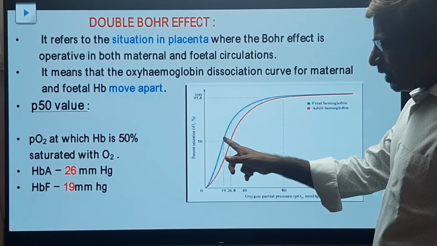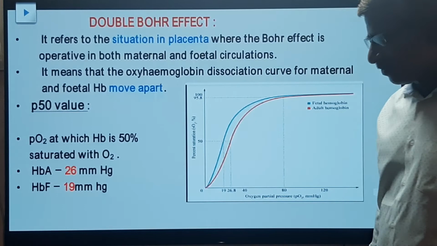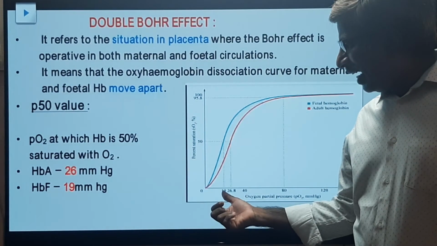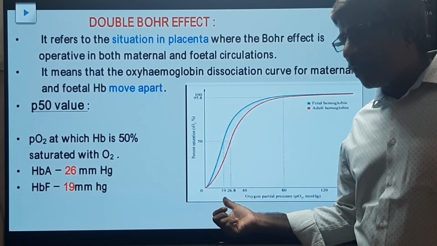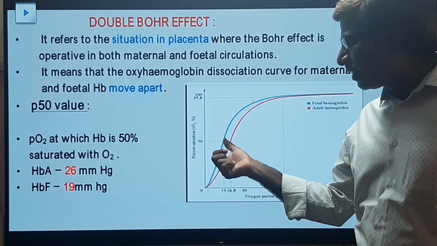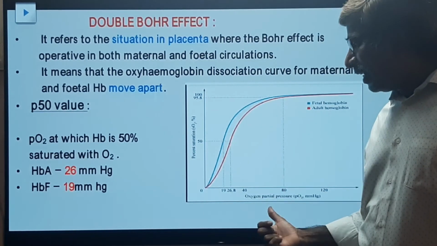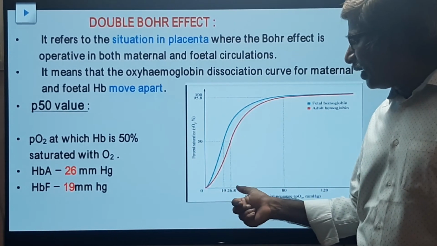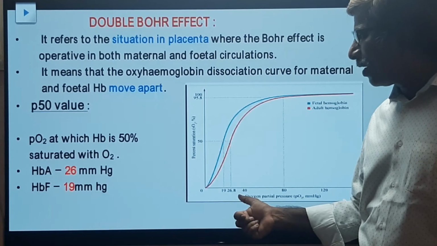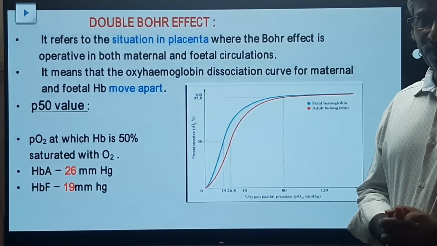In the fetus, the P50 value is just 19. Means at 19 partial pressure of oxygen only, the hemoglobin is 50% saturated in the fetus, whereas in adults, 26.8 partial pressure causes 50% saturation.